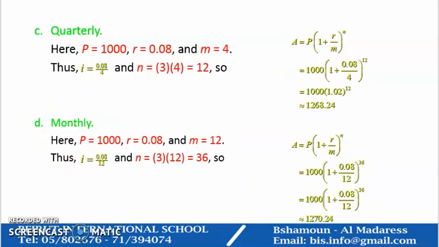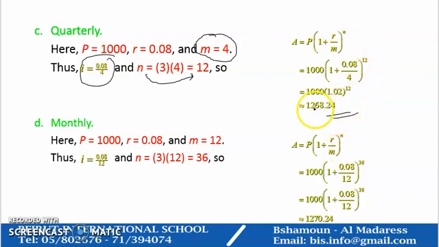Now, what if it is compounded quarterly? Each year I have 4 times the interest, so the number of periods is 12, and the interest rate is divided by 4, so we also obtain this value.